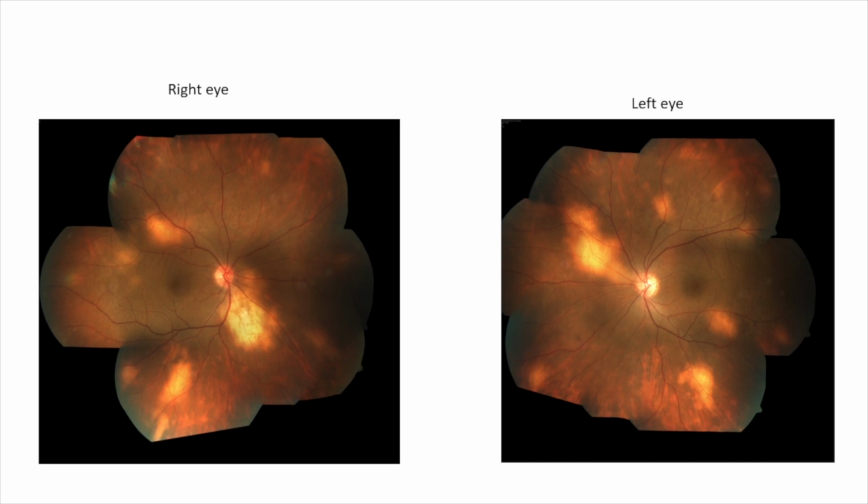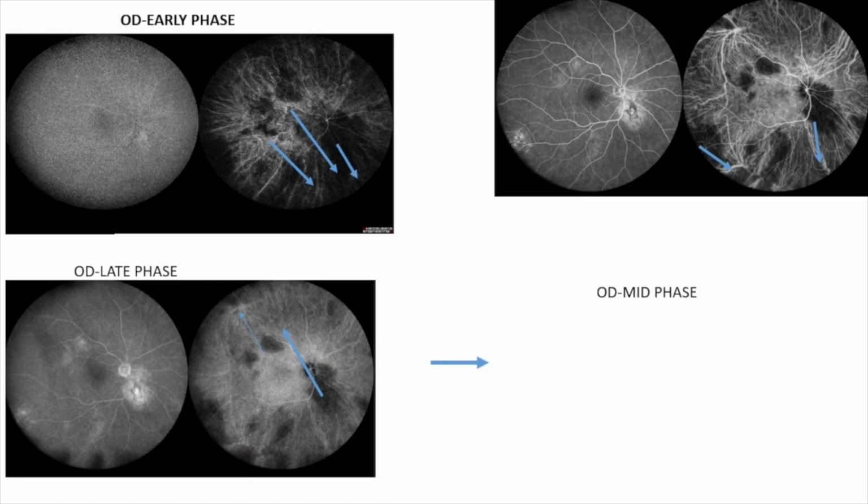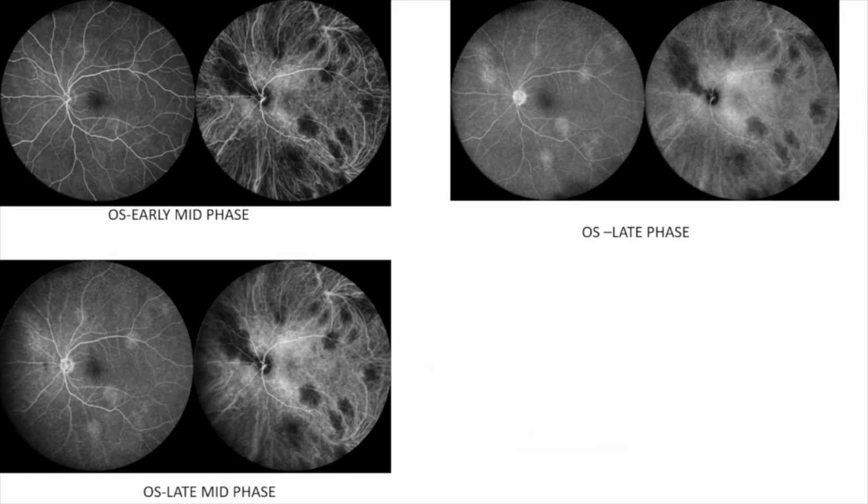The fundus photo of the right eye shows ill-defined choroidal lesions, and the left eye also shows ill-defined choroidal lesions. In the right eye, in all the phases of ICG we can see hypocyanescent patches, whereas in FFA in all the phases we can see increasing stippled hypofluorescence.